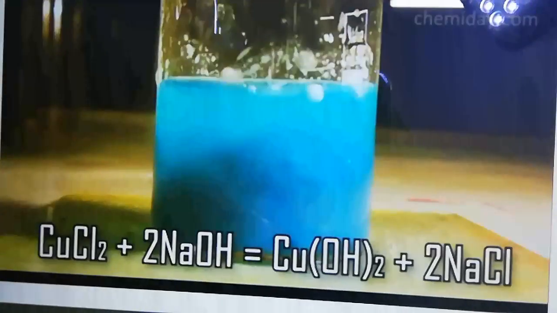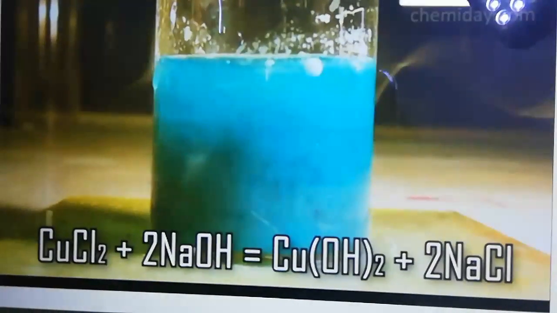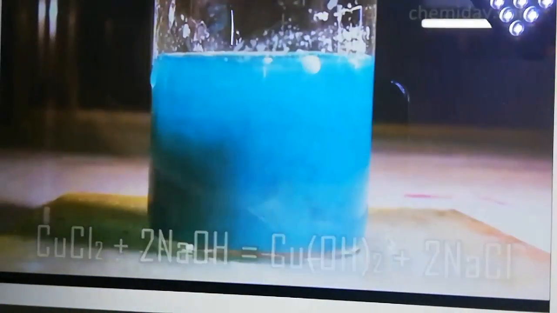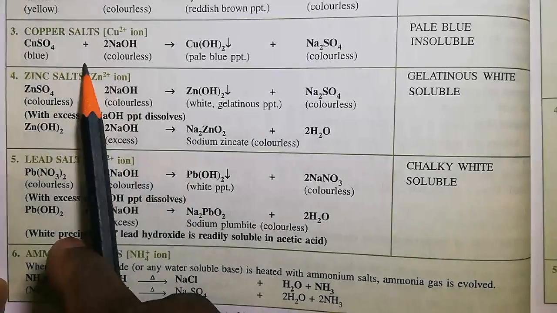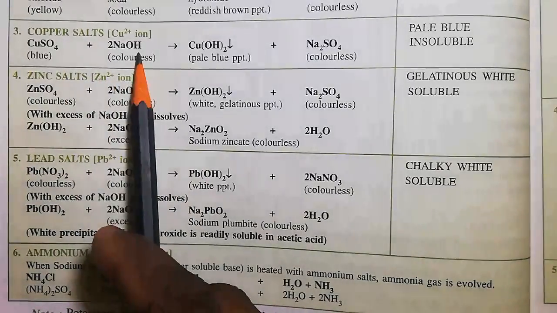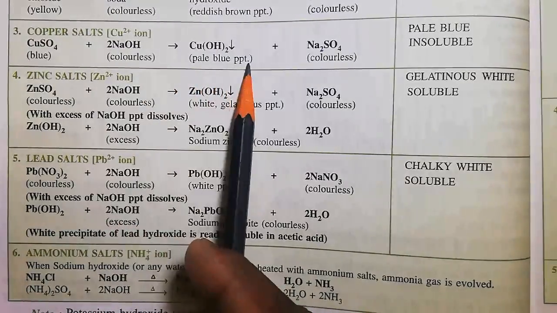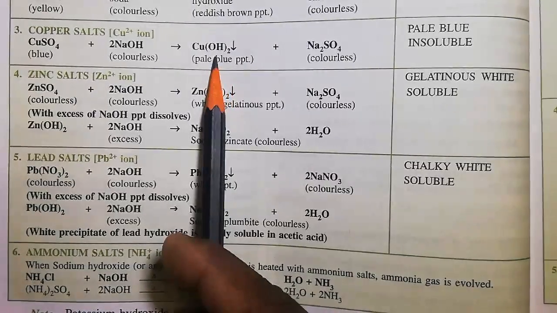Copper chloride solution is mixed with NaOH, and you can see the precipitate and how it looks, copper hydroxide. So we have seen copper salt reacting with strong alkali NaOH and how it behaves. The pale blue PPT of copper hydroxide comes, which is an insoluble one.